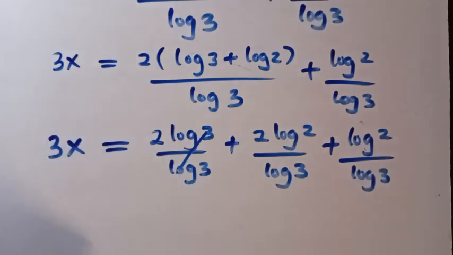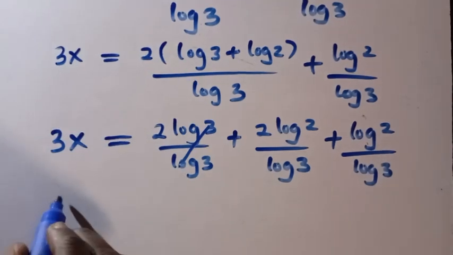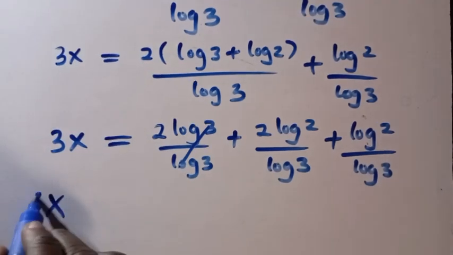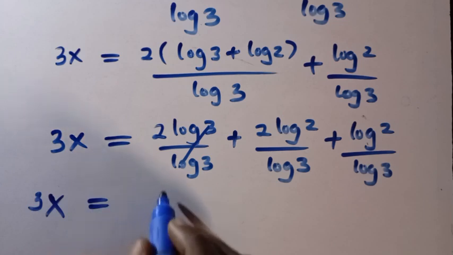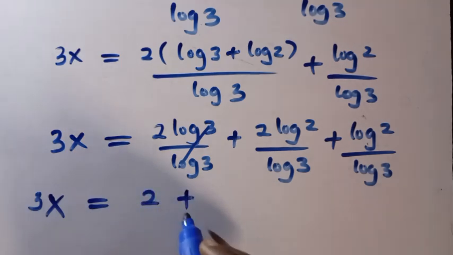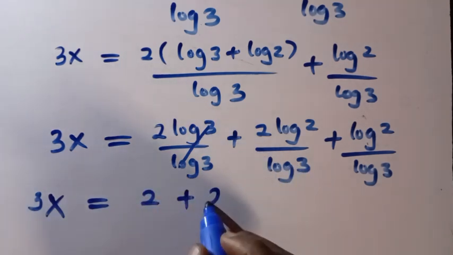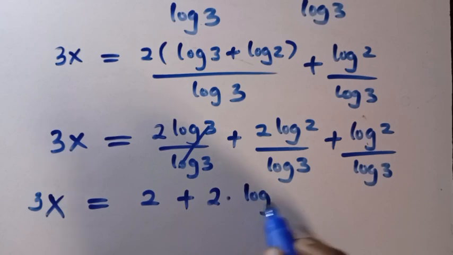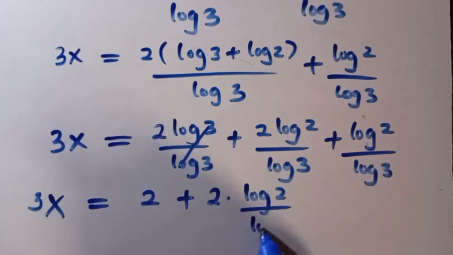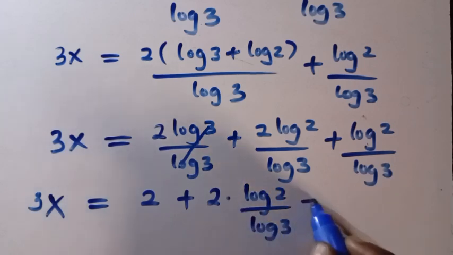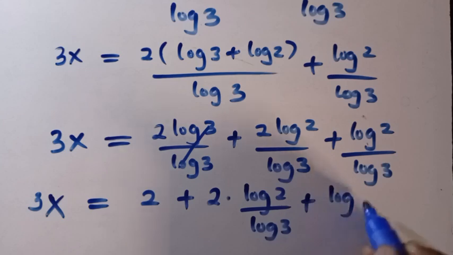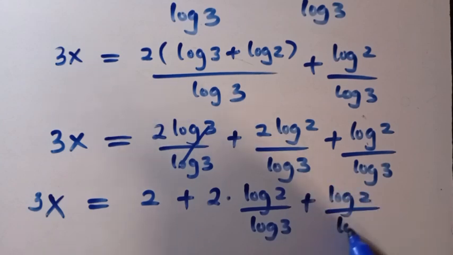So log 3 cancels log 3, and here we have 3x equals 2 plus 2 multiplied by log 2 divided by log 3 plus log 2 divided by log 3.